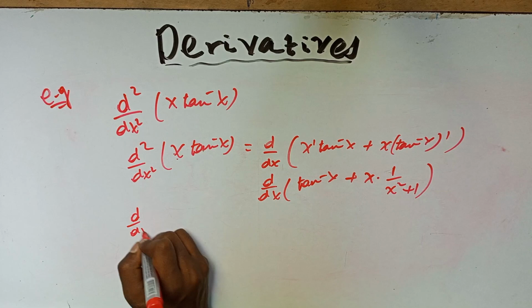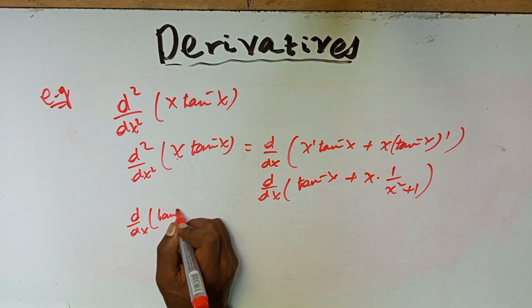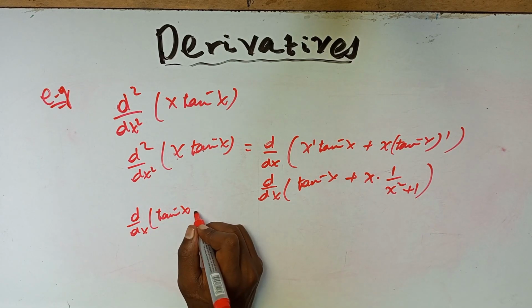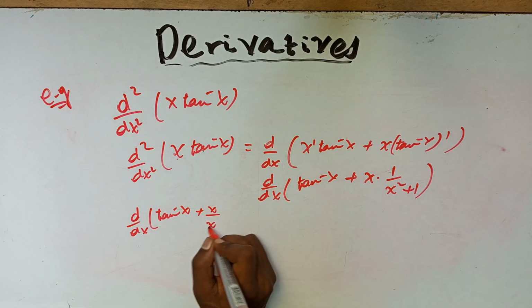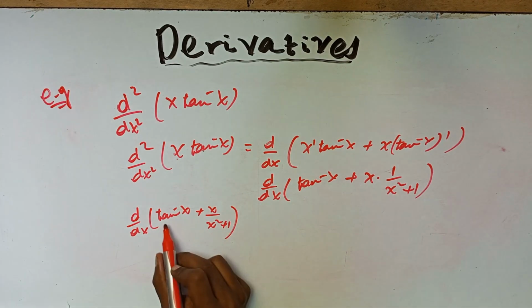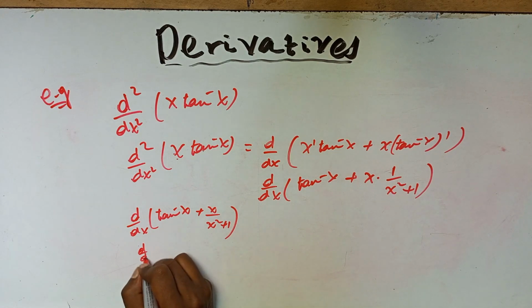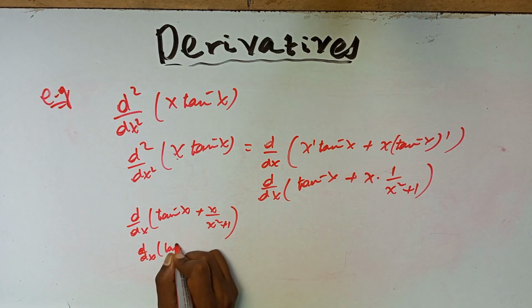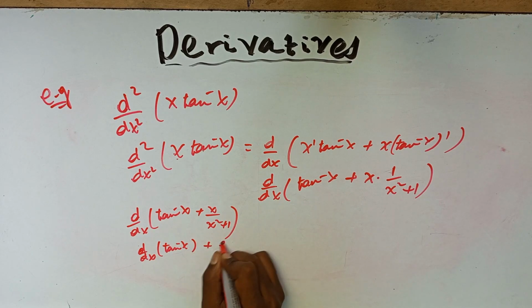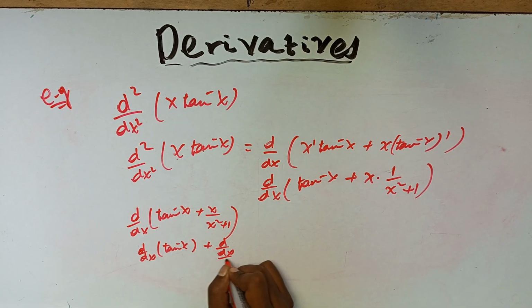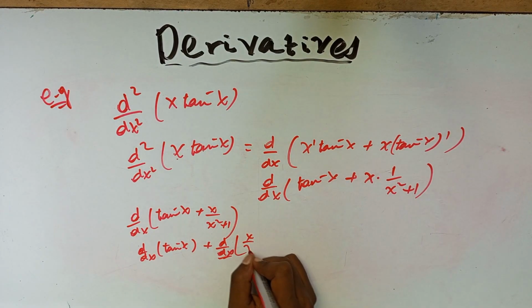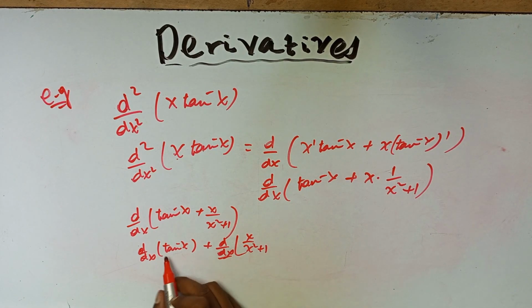So we have to differentiate this again with respect to x. d by dx of tan inverse of x plus x over x square plus 1. This means d by dx of tan inverse x plus d by dx of x over x square plus 1.